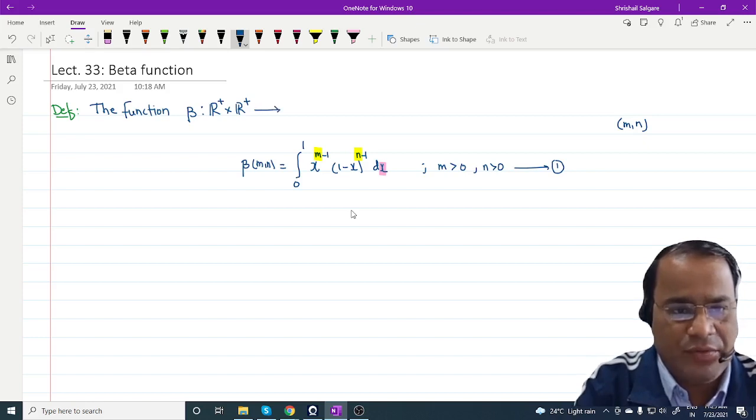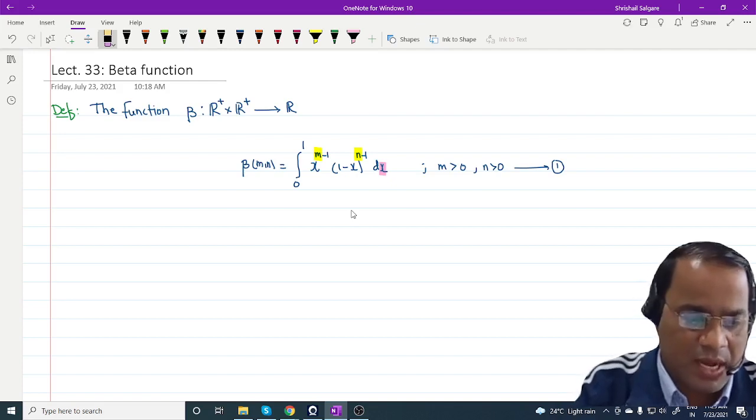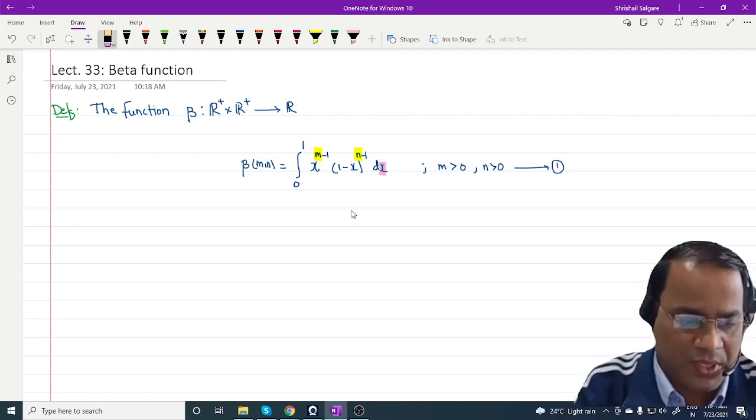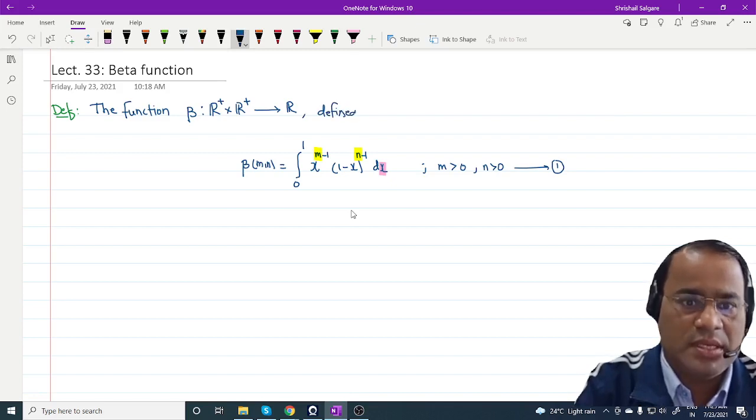And when you evaluate the integral, that is a real number. So it is a function from R plus cross R plus, defined by the rule.